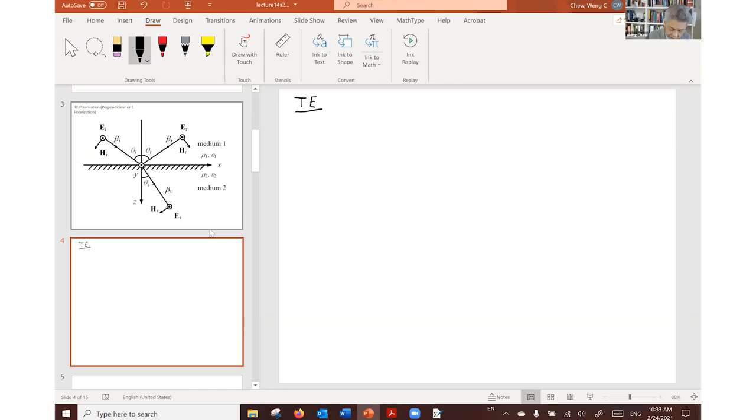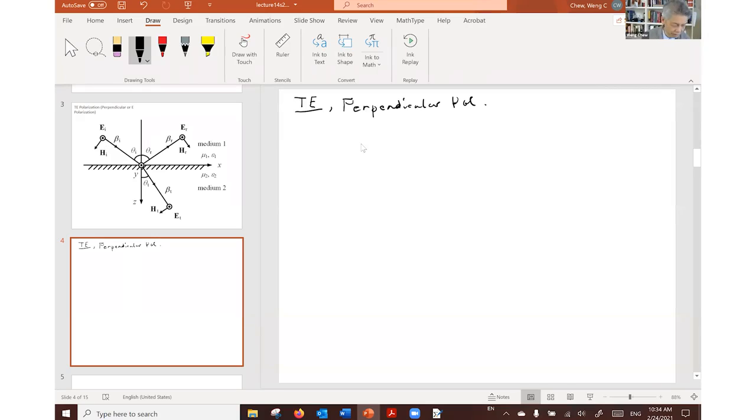The TE case is also called the perpendicular polarization, because in this case, the electric field, as you see from the picture on the left, is pointing out of the paper. Hence it is perpendicular to the paper, and it's called a perpendicular polarized wave.